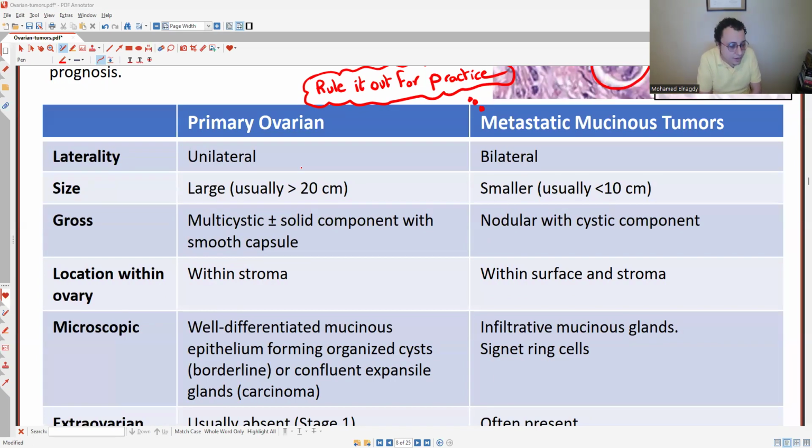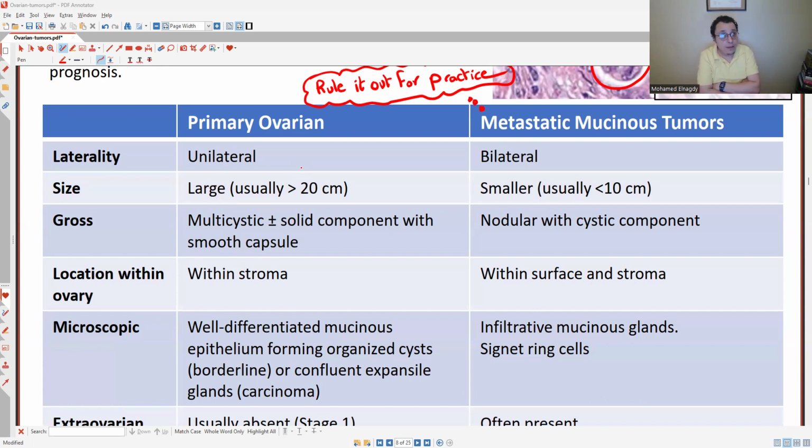So if you see mucinous epithelium, I understand that if you see this benign looking mucinous epithelial single cell lining, with no tufting, no papillae, no mitosis, no stromal invasion, well, that's mucinous cystadenoma. It doesn't confuse at all. However, when you see invasive mucinous cells which still have some mucin, and they are very high grade and invading the ovarian stroma, you might be thinking of mucinous carcinoma, right?